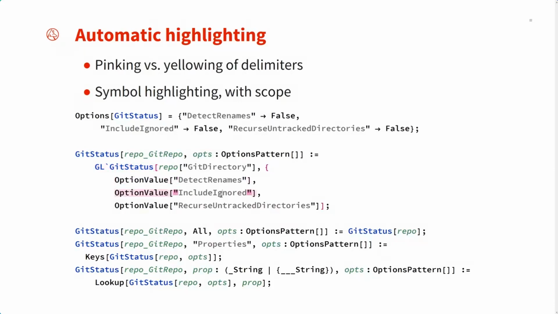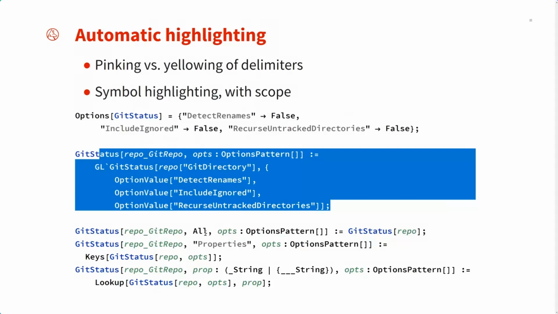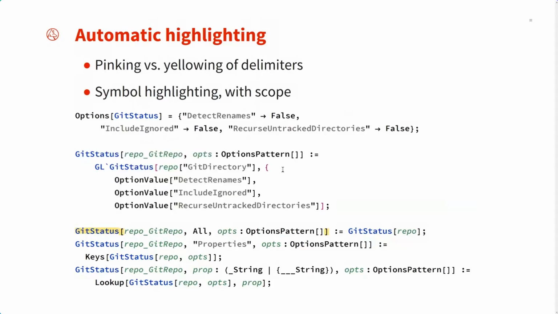So now if I click anywhere in here, it's all going to be purple, as an indication to me that there's something going on that's not quite right. Now it was just confined to this block here. So if I click down here, I get my yellow back.